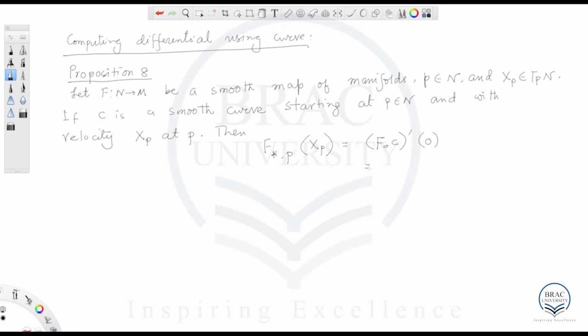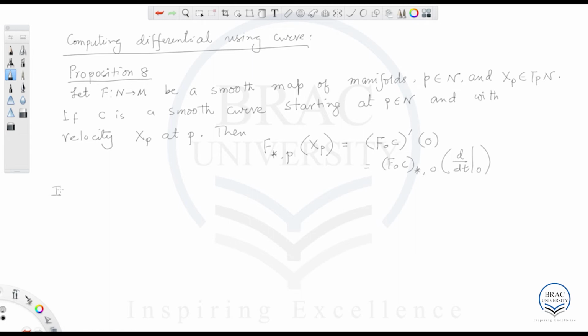Or this is also the same as (f composed with c) star comma 0 acting on d dt 0. Okay, this is what we need to prove.